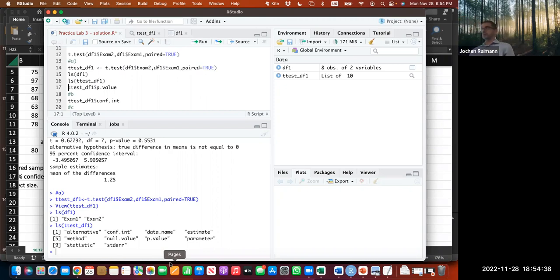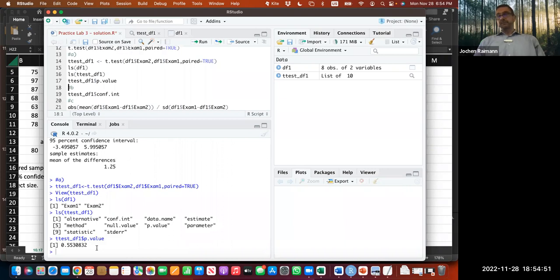And we can mobilize all this information from our t-test with basically one line of code, because line 17 mobilizes the p-value from this object. So 0.55 is the p-value that we also calculated in Excel. With our t-test function, we can do the same thing in our saved object of that t-test.